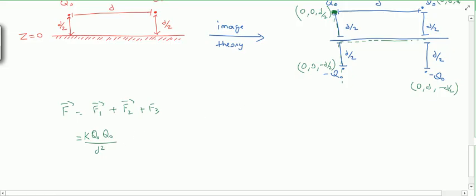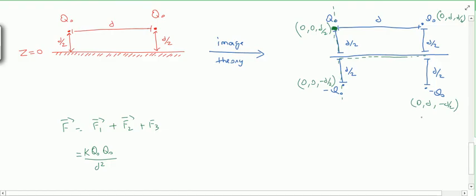You can easily find it by force location minus source location. If you find the displacement vector, it will be 0 minus d, force location minus source location, minus d ay cap, because I am assuming this as my y axis and this is my z axis. So this will be the force due to F1.